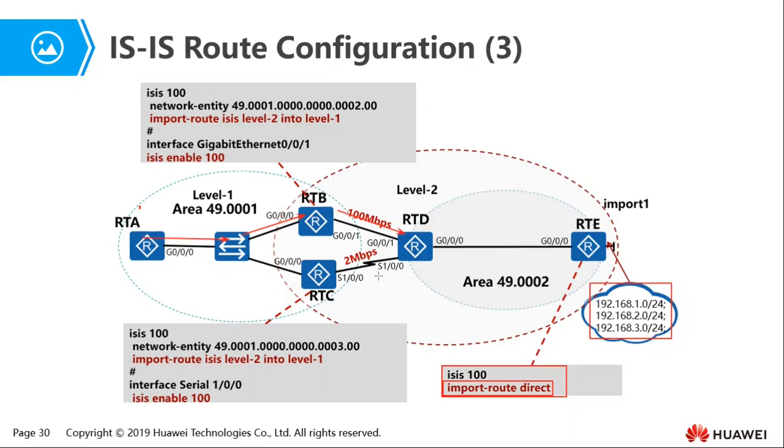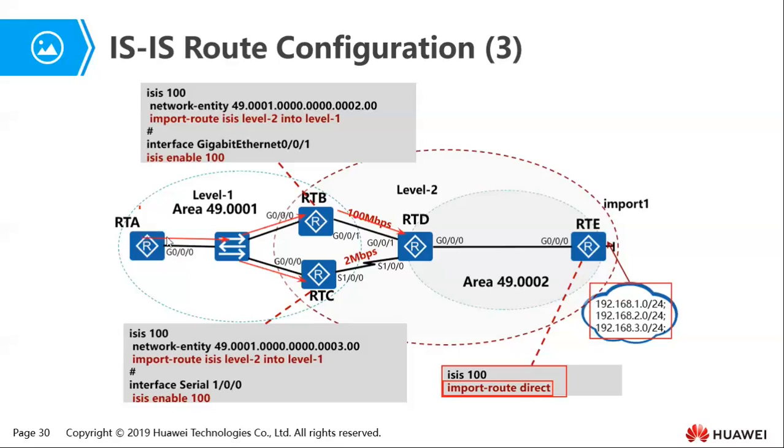Let me just explain something here. Remember, in a level 1 area, we do not import or advertise networks from other areas. So if RTA wants to access routers in another area, it has to go through the border router, the level 1-2 router. But now there are two.